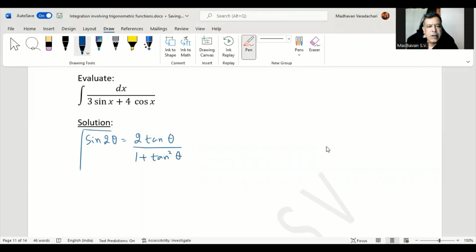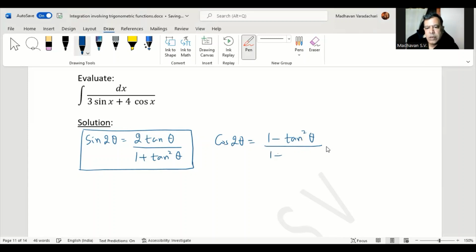That is one trigonometric identity we will be using. And the other one is cos 2 theta is equal to 1 minus tan square theta divided by 1 plus tan square theta. So wherever sin x and cos x are there, we will replace this expression over there.